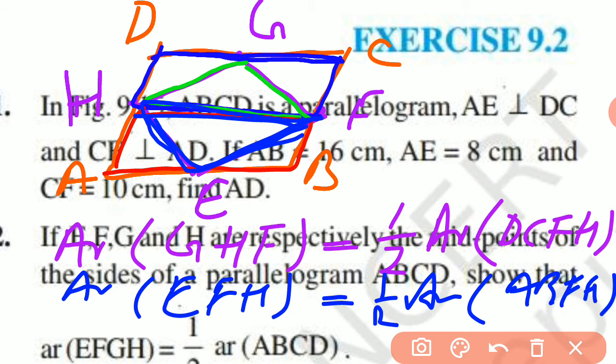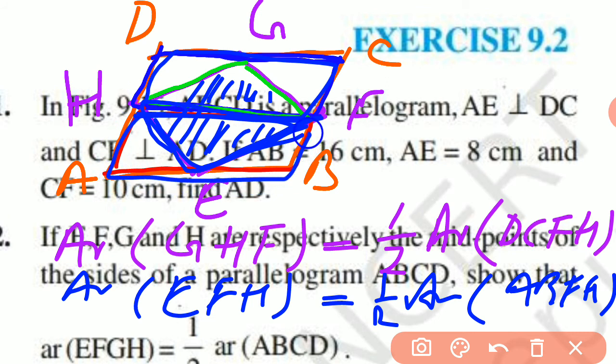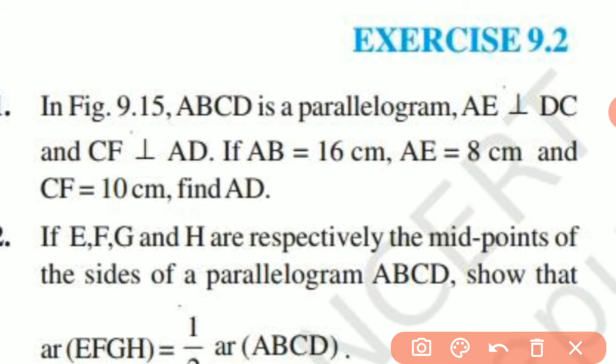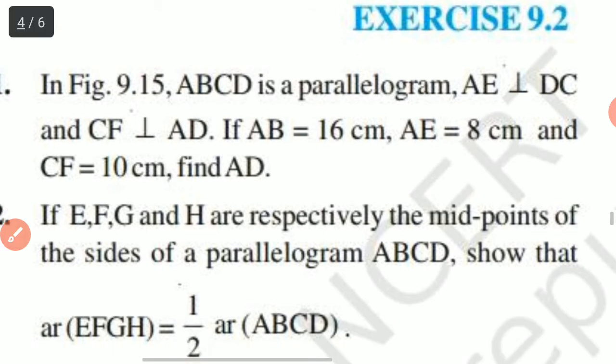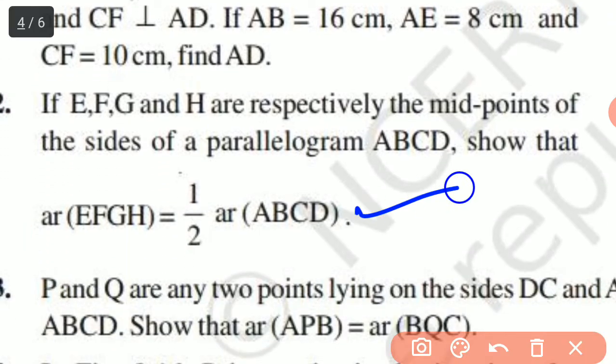Adding these two equations, we will get this triangle plus this triangle becomes whole quadrilateral EFGH, and on the right hand side this upper part of parallelogram and lower part of parallelogram becomes whole parallelogram ABCD. So we can say that area of this is equal to half of area of this. From 1 and 2 we can prove this.